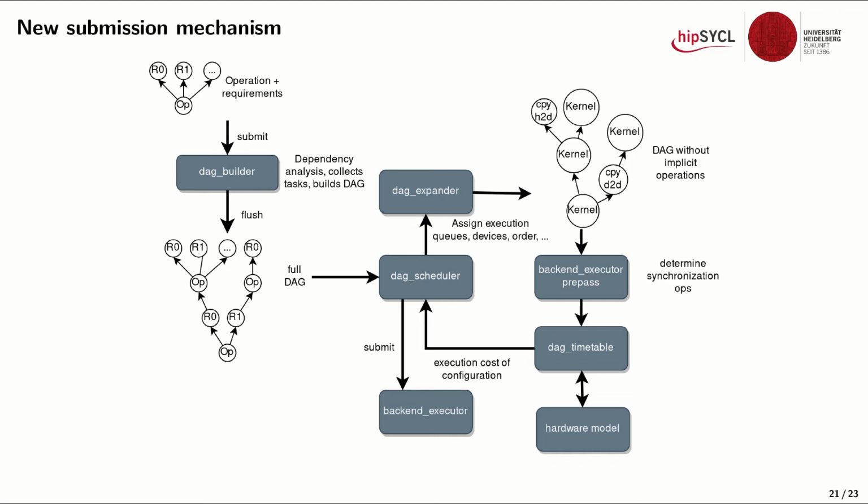And this execution cost of the configuration then goes back to the DAG scheduler, which may then optimize further, or may then submit the operations as they are to the backend executors. There could be potentially more backend executors if multiple backends are active at the same time.